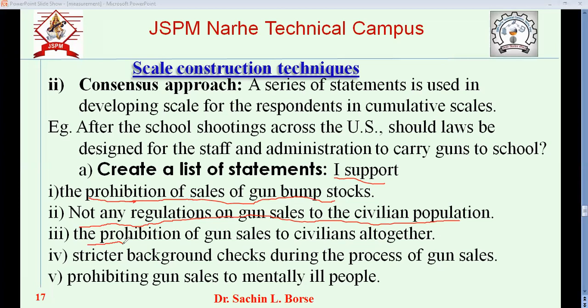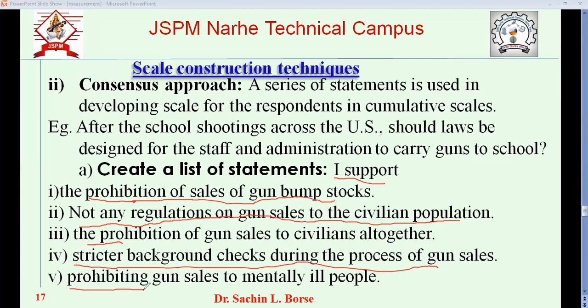The fourth statement is stricter background checks during the process of gun sales, so his or her background must be checked before the sale of the gun. And the fifth one in the questionnaire is prohibiting gun sales to mentally ill persons.